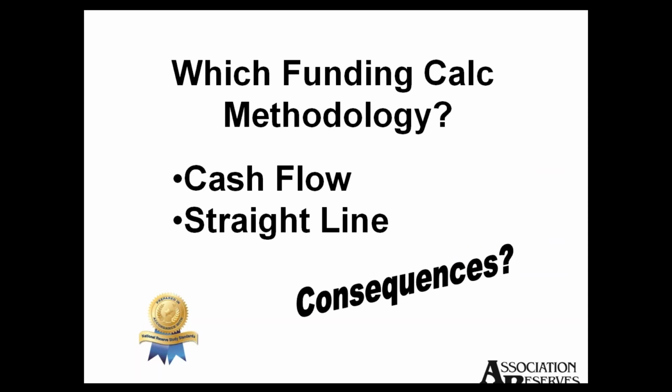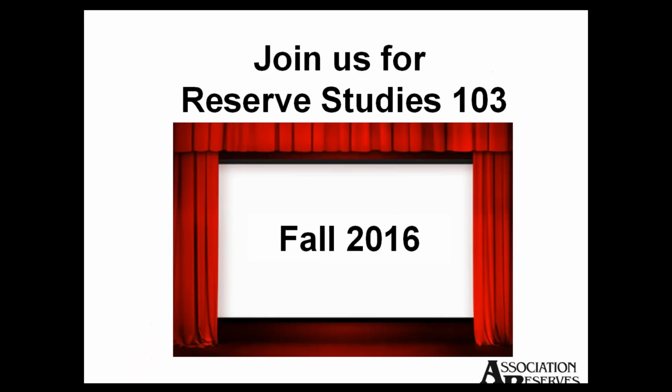Methodologies that we use in our industry are things like cash flow method or pooling, or straight line method or component method. Those are different tools that we use, and the consequences of that. We're going to have a webinar where we spend the whole time talking about those kind of issues coming up in fall here of 2016. So stay tuned. If you haven't signed up for our email list, make sure that you've done that, and you'll get the announcement for that webinar coming up.